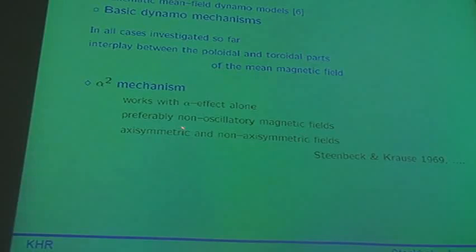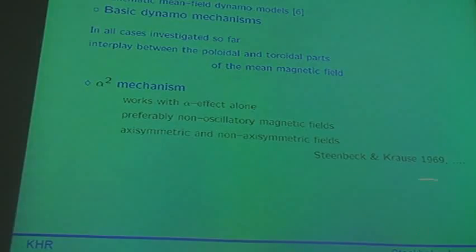and as soon as you have only the scalar alpha effect, you have a slight preference for the axisymmetric modes, A0 or S0. But if you take into account anisotropies of the alpha effect, you have in most cases non-axisymmetric fields, but the excitation conditions for all these types of fields are very close together.